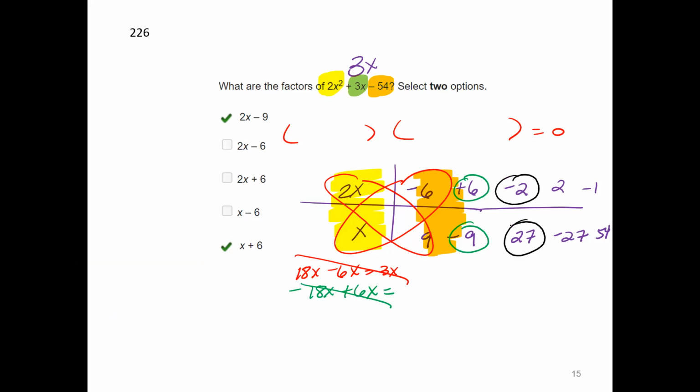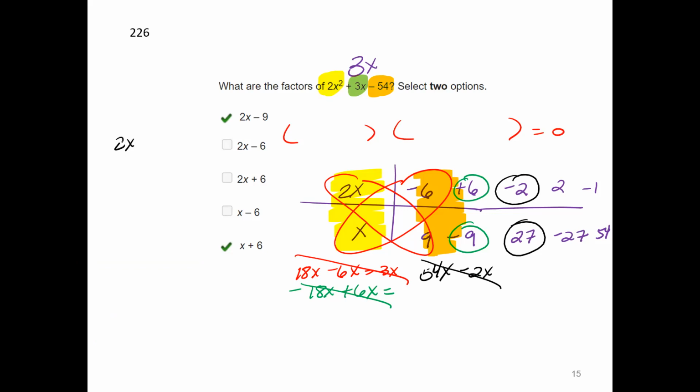Here we go. 2x times 27 is 54x. X times negative 2 is a negative 2x. Does that give me a 3x? No, unfortunately, it does not. So then you're like, which one could it possibly be?